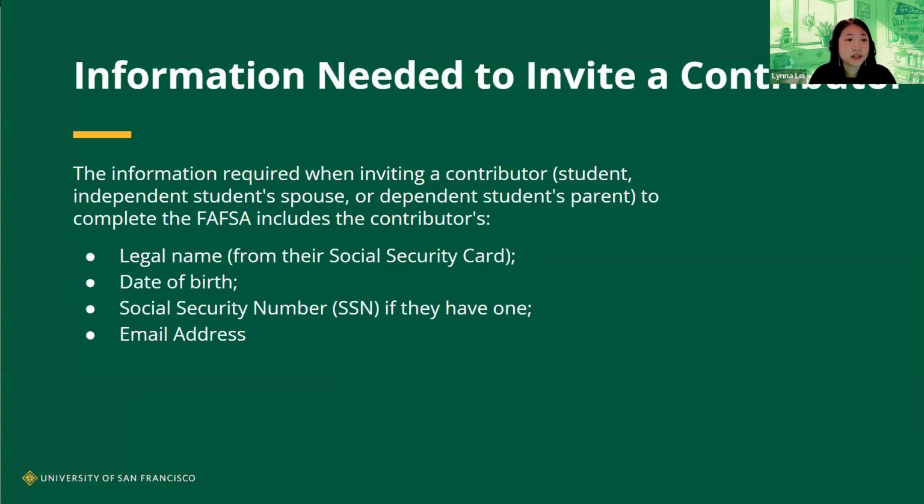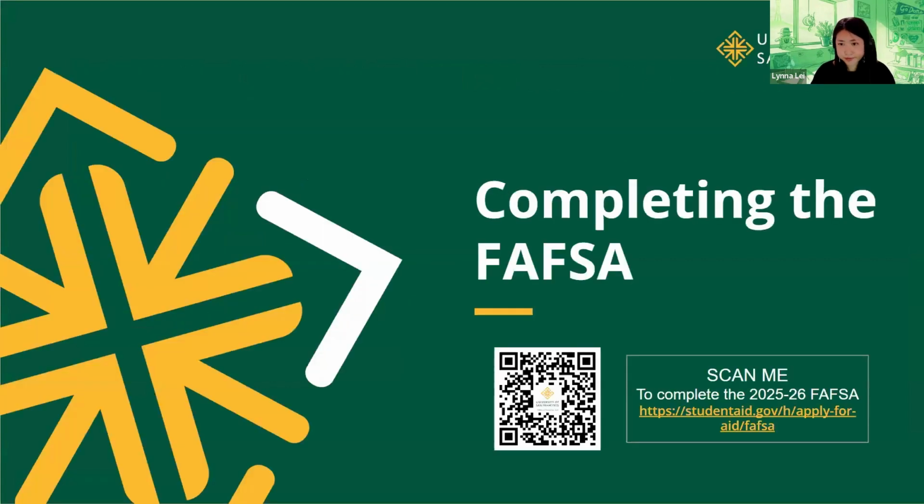The information that's required when inviting a contributor to complete the FAFSA will include their legal name as stated on their Social Security card, again, if they have one, their date of birth, Social Security number, and email address.